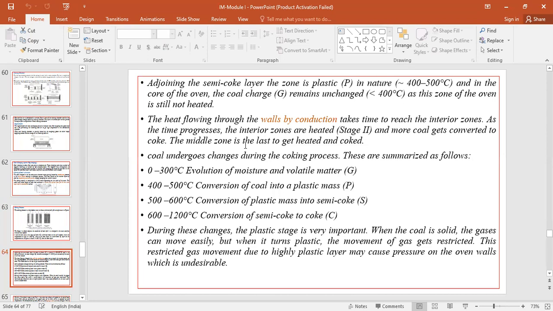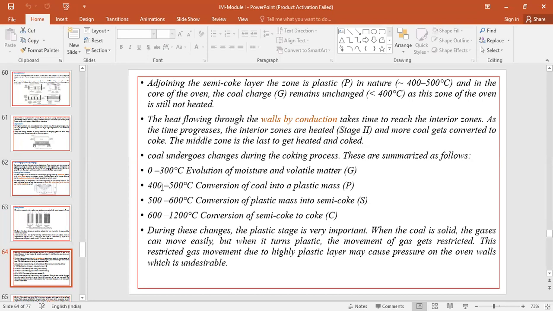So what is happening during this cooking process inside the oven, as far as the temperature is concerned? From 0 to 300, the moisture content will be removed, and a certain amount of volatile matter also will be expelled.